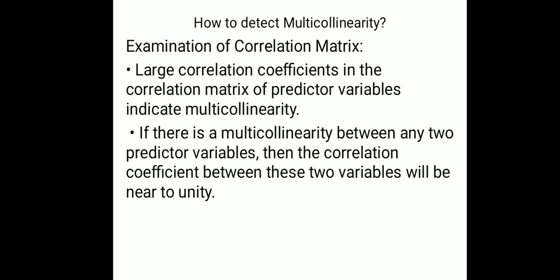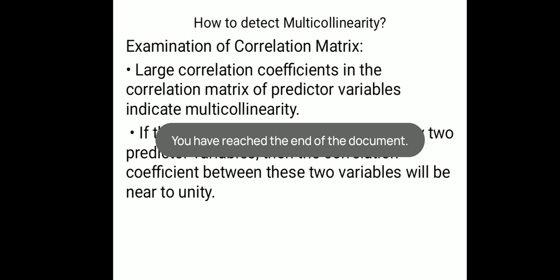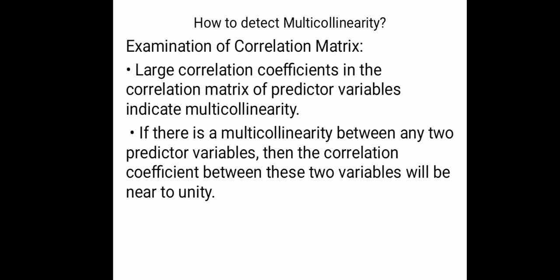In the sense that if the correlation between explanatory variables x2, x3, x4, etc. is very high, then it indicates that there is multicollinearity. If there is multicollinearity between any two predictor variables, then the correlation coefficient between these two variables will be unity.